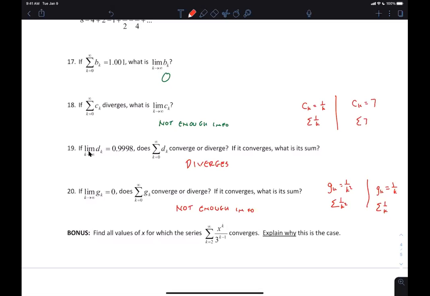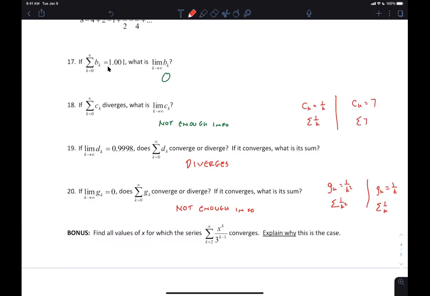So like on number 20, it was flipped backwards, where it said if the sum converges, then we would know that the limit goes to 0. Correct. Since it says if we know that, we don't know, since it's backwards. Yes, I think so. But like I said, it's very easy to get backwards.